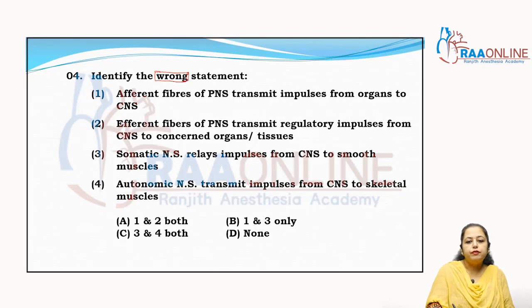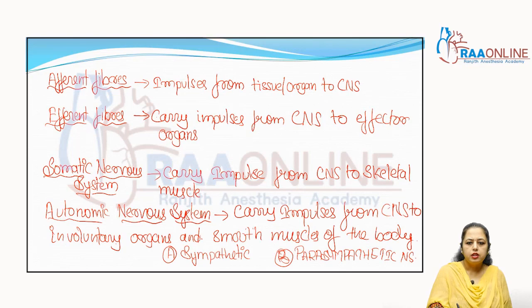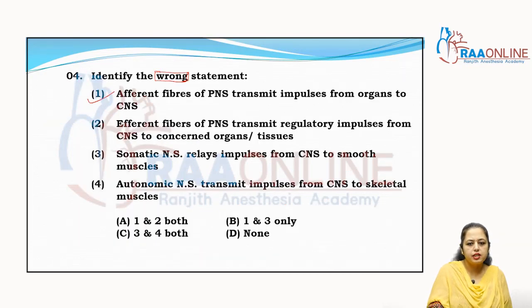So now in that question, identify the wrong statement, right? The afferent nerve fibers of PNS transmit impulses from organ to CNS. Correct, we already studied that. These afferent fibers carry impulses from tissue to CNS. The efferent fibers of PNS, the peripheral nervous system, transmit the regulatory impulse from CNS to the concerned organ or tissue.